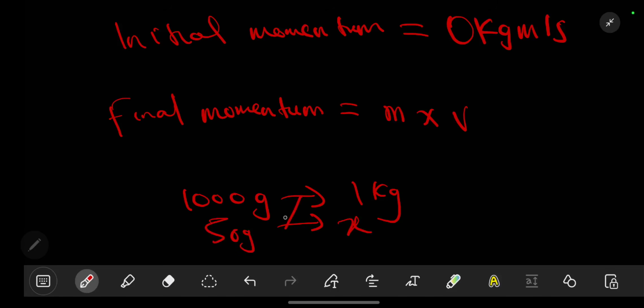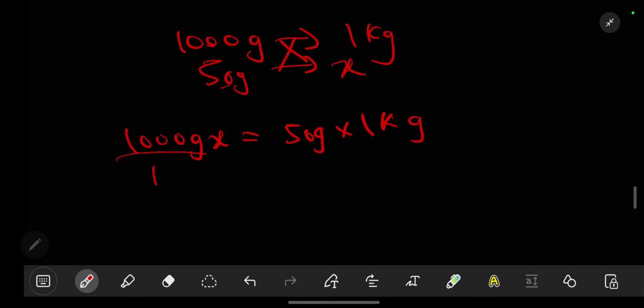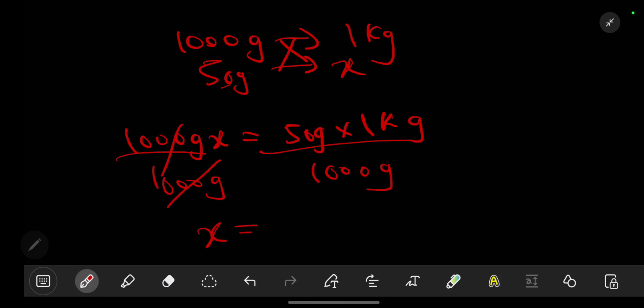You cross multiply, so x is equal to 50 grams times 1 kg, divided by 1000. So x is 50 divided by 1000, which gives us a value of 0.05 kg.